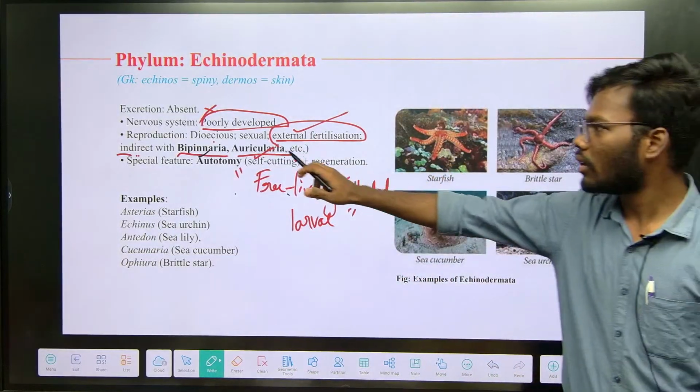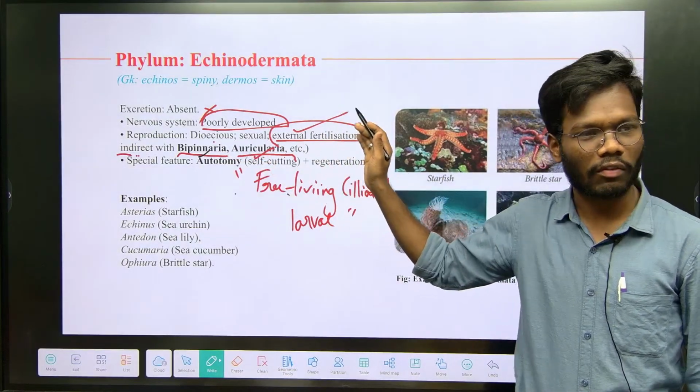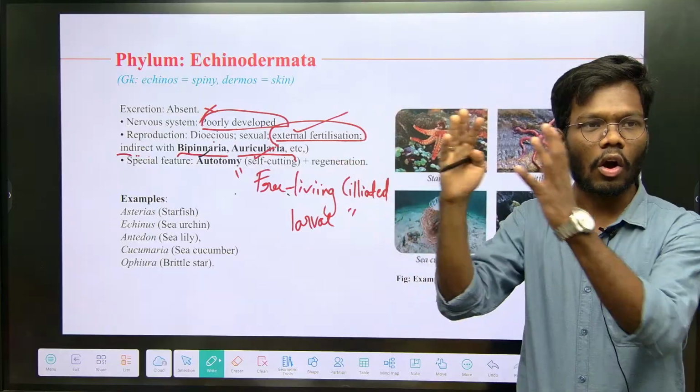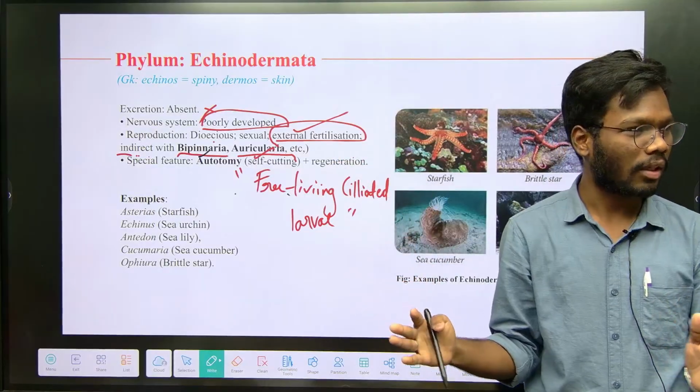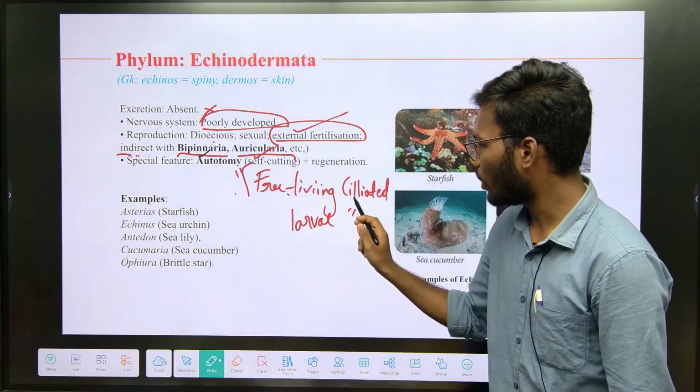All these larvae, bipinnaria, auricularia and doliolum, there are different kinds of larval forms present in Echinodermata. All larval forms of Echinodermata are collectively called free living ciliated larvae. You have to remember this point.